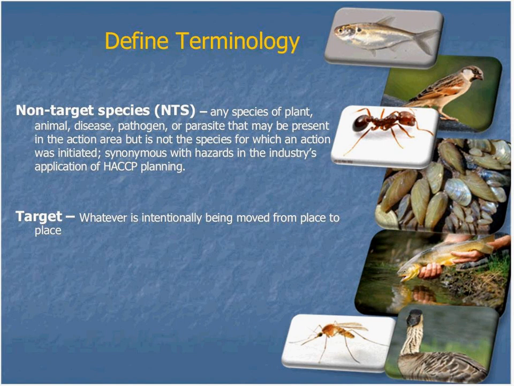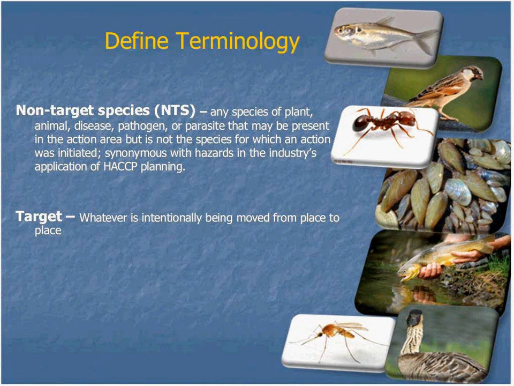I want to define some terminology that we'll be talking about. These terms, non-target species and target, are terms that we use. The target species in the HACCP planning program is the equivalent of a hazard.